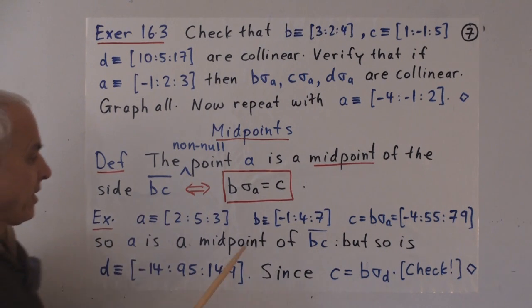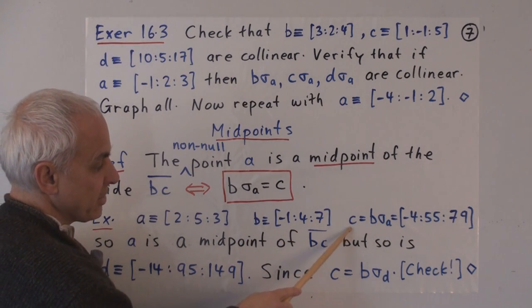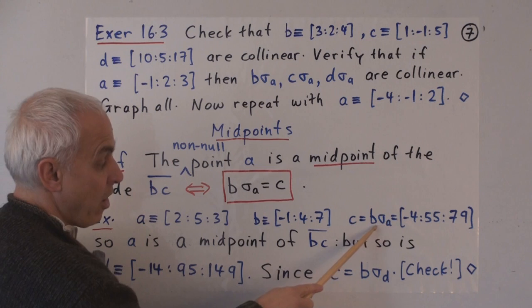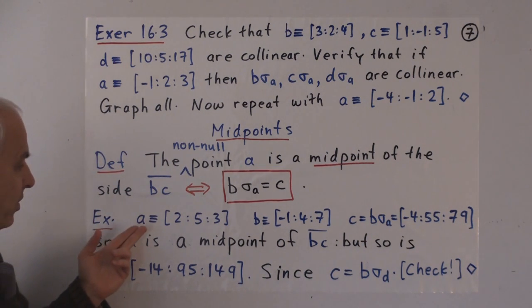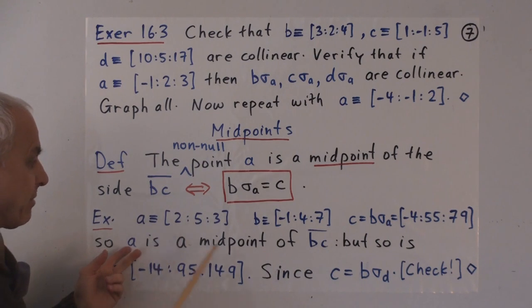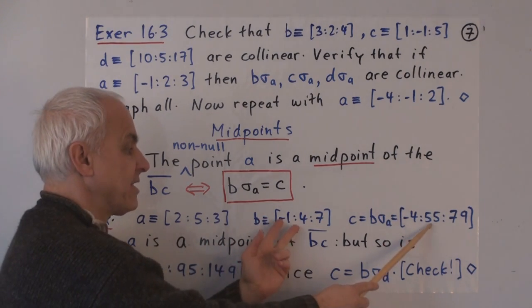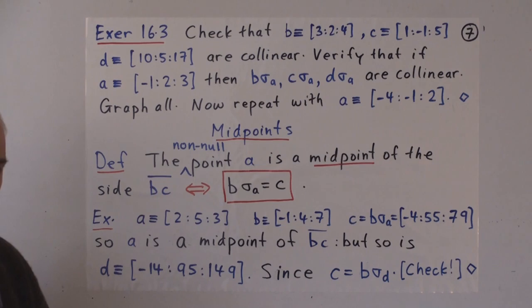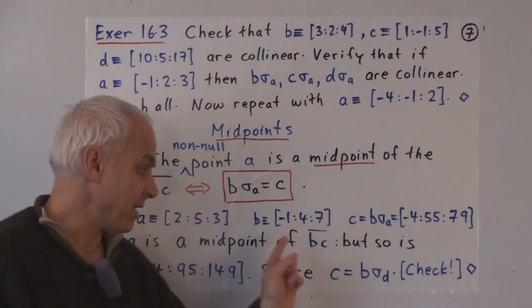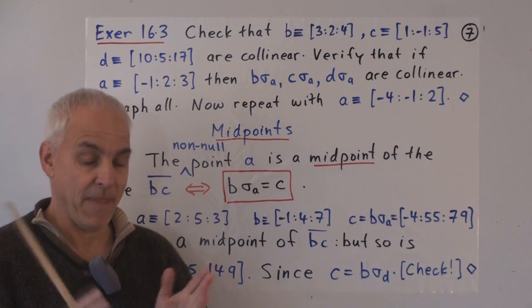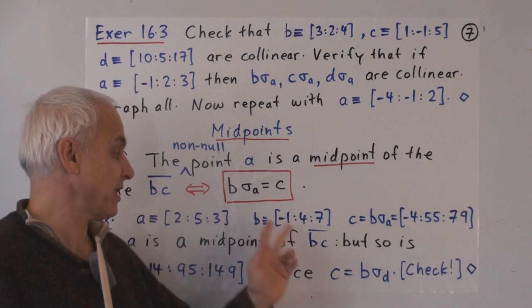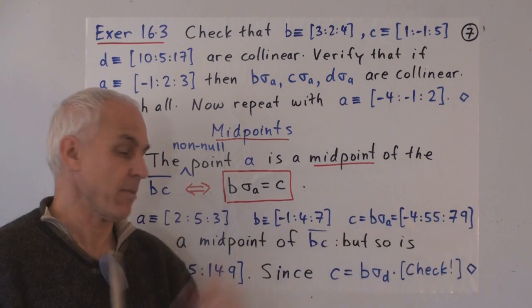There's a point A, there's a point B. You can calculate there's the reflection C of B in A. And so necessarily this point A is the midpoint of the side BC. Let me remind you that BC, with a bar over it, means the side BC, and that is just a set consisting of that point together with that point.